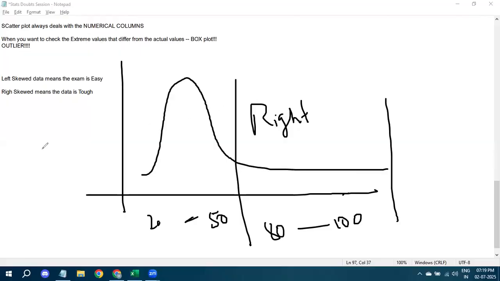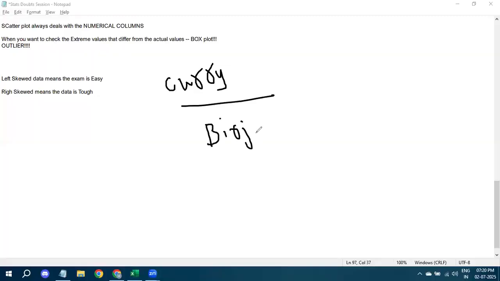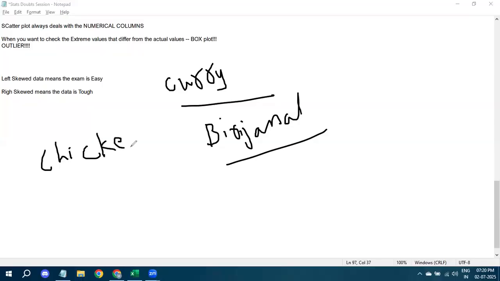See, okay, guys, let me give a small example. You are preparing a curry, right? For example, you want to prepare brinjal curry. Sorry, my bad. Consider this is brinjal curry, and you are preparing chicken curry. Will you use the same ingredients in both the curries?